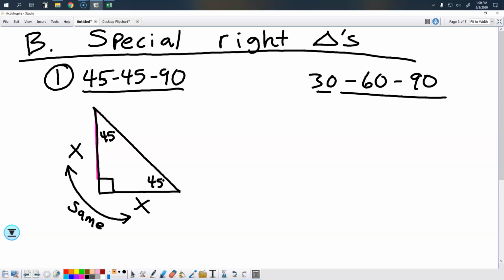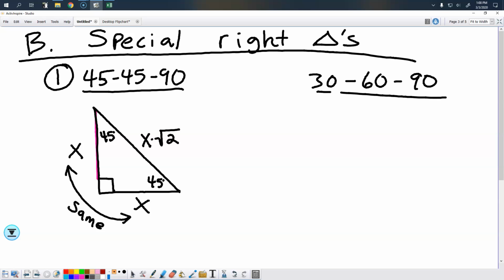Now, on a 45, 45, 90 right triangle, the hypotenuse is also related to the other sides in an interesting way. Whatever these sides are, the hypotenuse is the same thing, but multiplied by the square root of 2. Did you say that? Good memory.